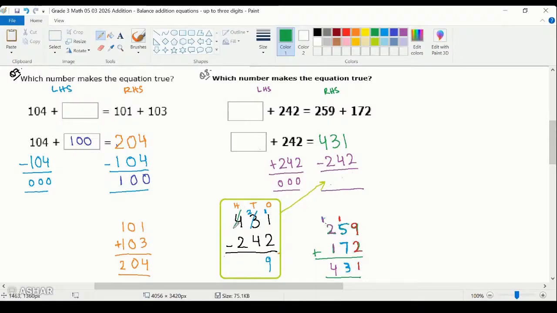So we go towards the 100 and we take 1 to the tens. Thank you, Rebecca. 12 minus 4 was 8, and 3 minus 2 was 1. So we can say the answer was 189. Okay?